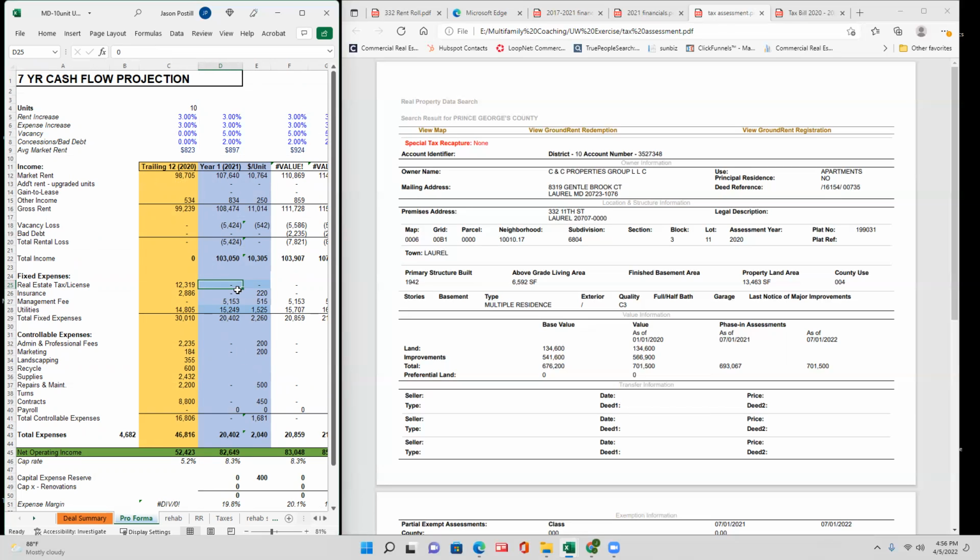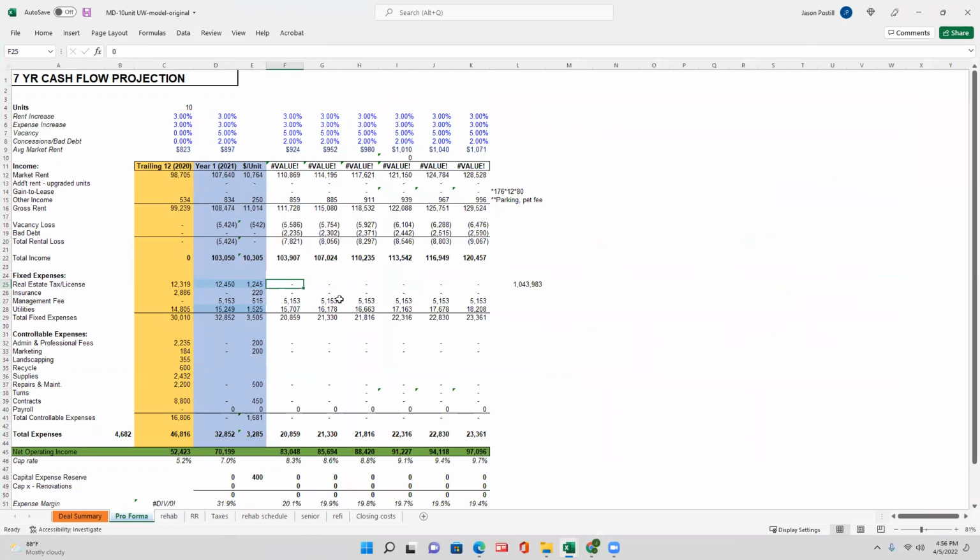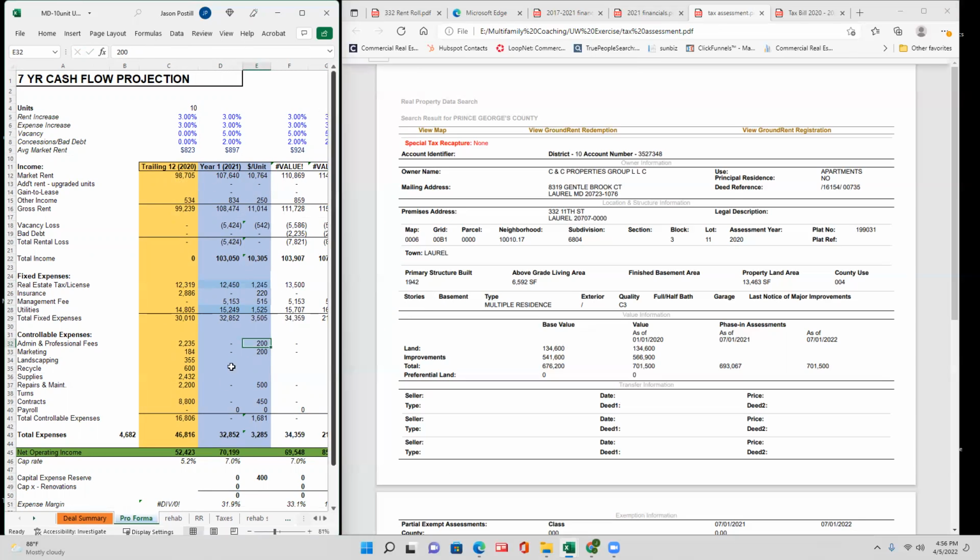Let's keep it close for now. Oh no, it's not going to populate. So I'm just going to be conservative and have it go up. It should be filling out the rest. All right, I'm just gonna get through the rest of these expenses.